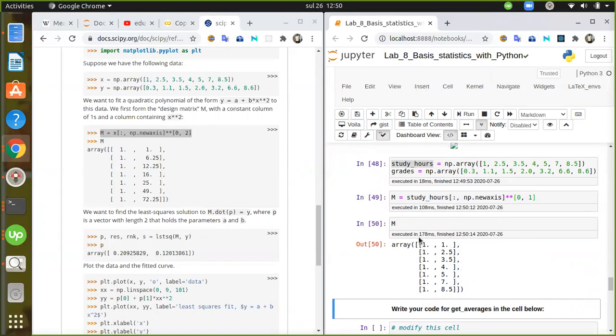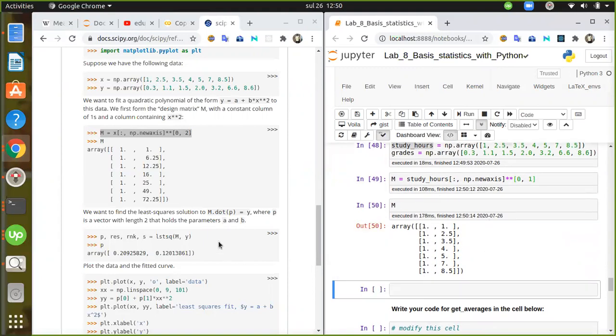And the second column is our study hours values, 1, 2.5, still 8.5. Then we do as stated. We want to find the least square solution to m dot p equals y, where p is a vector of length 2. In our case p is the vector of w. M is the one we generated there, and y for us is the grade.